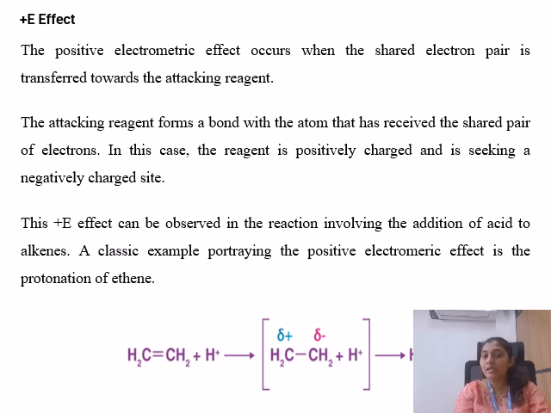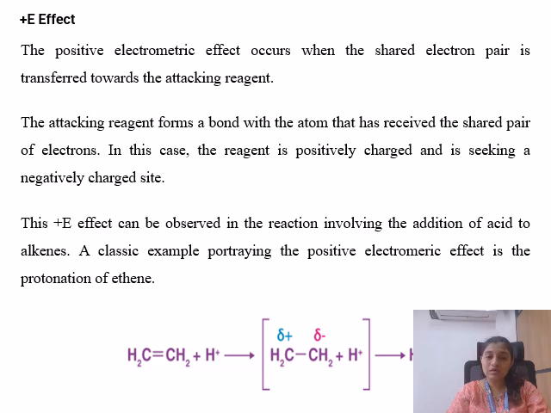So when we find the positive electromeric effect, the electron pair is transferred towards the attacking reagent. Here you can see in the example CH2 double bond CH2, and here H plus is the attacking reagent.